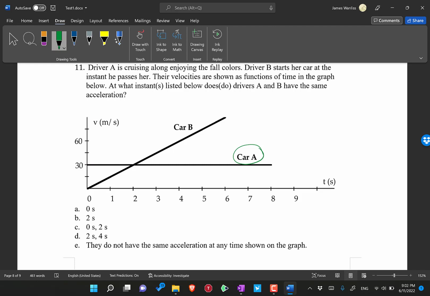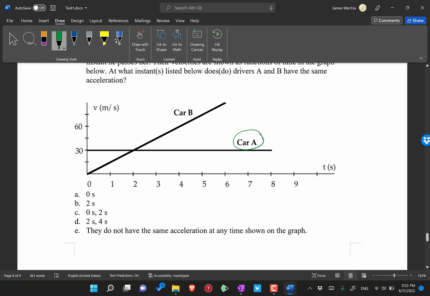Driver B starts her car at the instant he passes her, and that must be time t equals 0 because she wasn't moving, and then the next instant she is moving. She's got a velocity that's not 0.